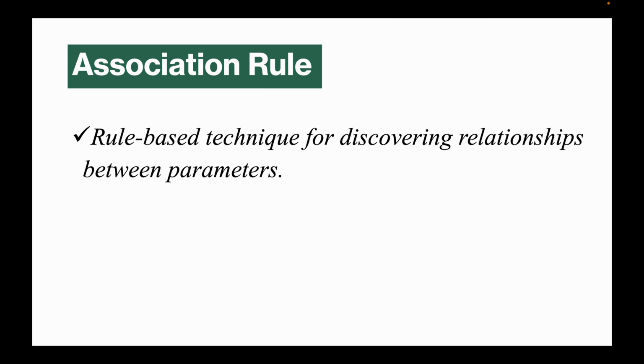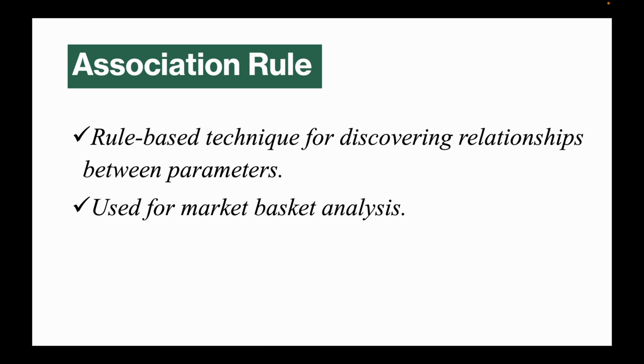Association rule method. An association rule is a rule-based technique for discovering relationships between parameters in a large dataset. They are used for market basket analysis. Market basket analysis is a data mining technique which is used for better understanding of customer purchasing patterns based on the relationship between different products.